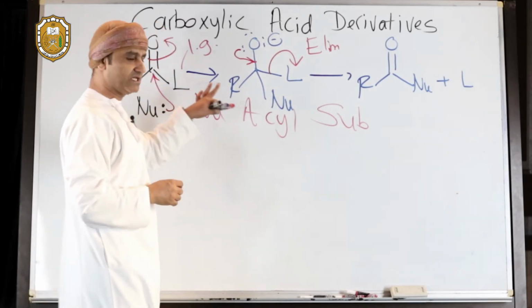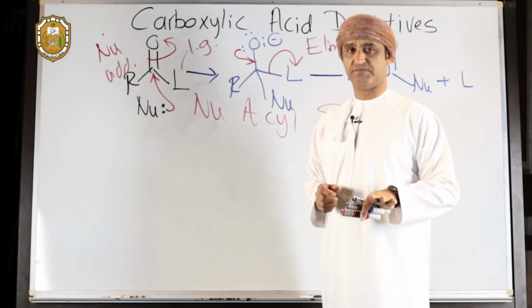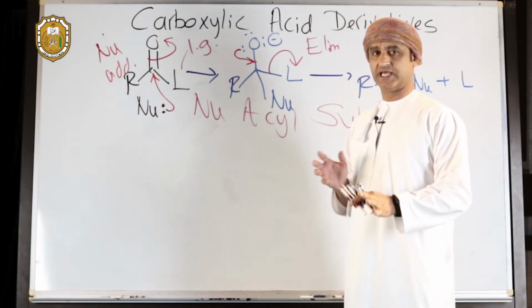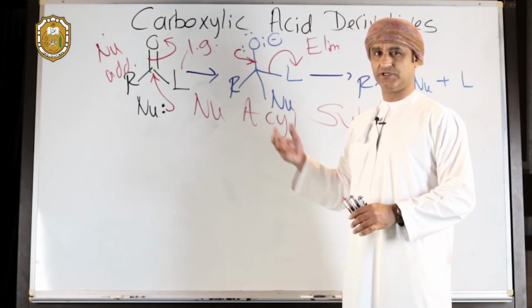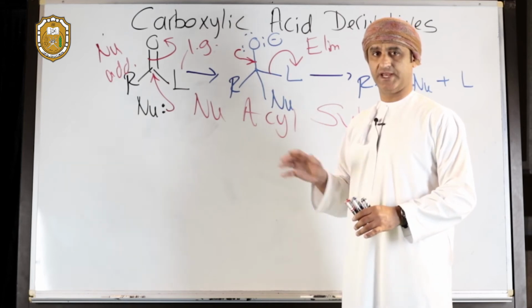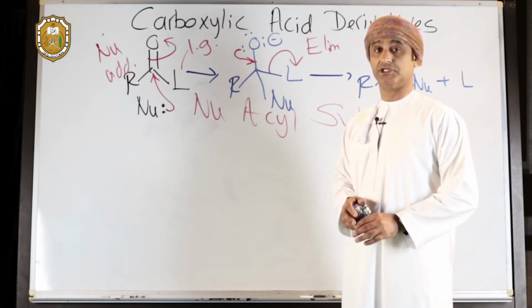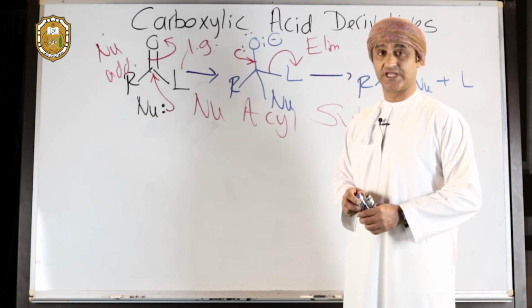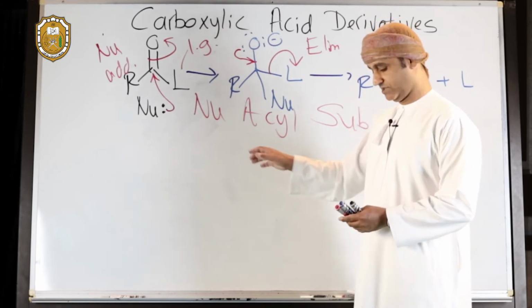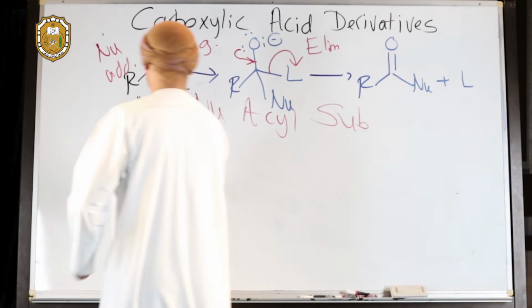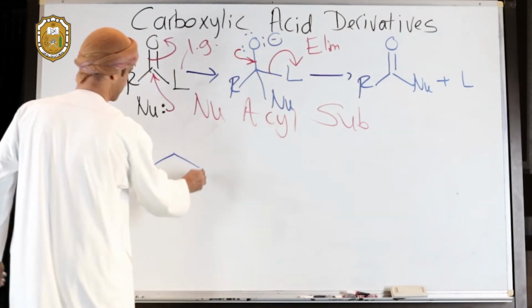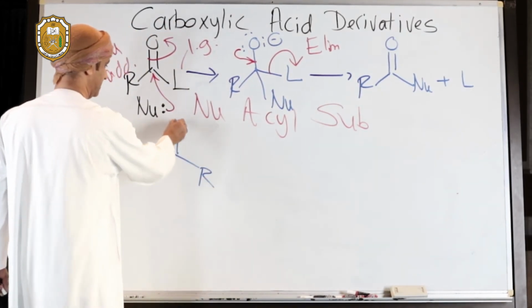Now, speaking of this reaction, it's worth mentioning and reiterating the difference between nucleophilic acyl substitution reactions on one hand and the traditional nucleophilic addition reaction of aldehydes and ketones. Let's draw a general structure for ketones. Okay, this is the general structure for ketones.